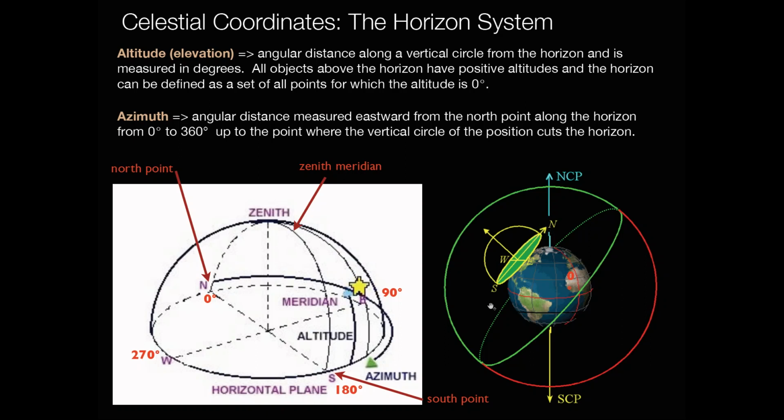It will be essentially 0 degrees above the horizon if this is rotated around to here. So the North Celestial Pole direction will be on the northern horizon.